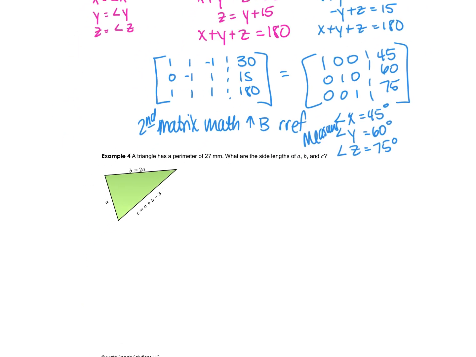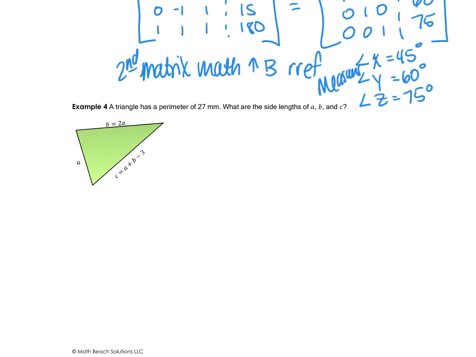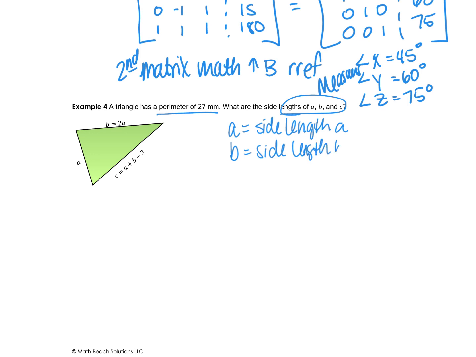All right, last one. Okay, so example 4. A triangle has a perimeter of 27 millimeters. What are the side lengths A, B, and C? So I'm just going to first say A is the side length A, B is the side length B, and C is the side length C. Okay, so perimeter from geometry.